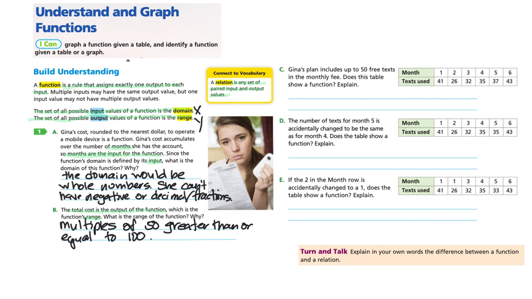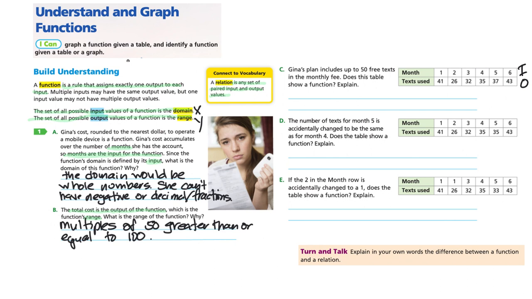All right, let's look at C. Gina's plan includes up to 50 free texts in the monthly fee. Does this table show a function and explain? So remember, let's go back to what is a function. It's a rule that assigns exactly one output to each input. So if you look at the different inputs, these are the inputs and these are the outputs.